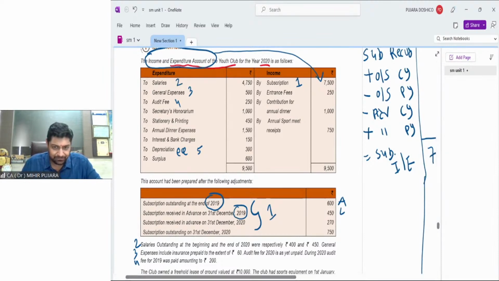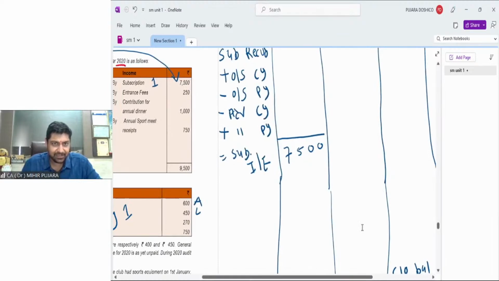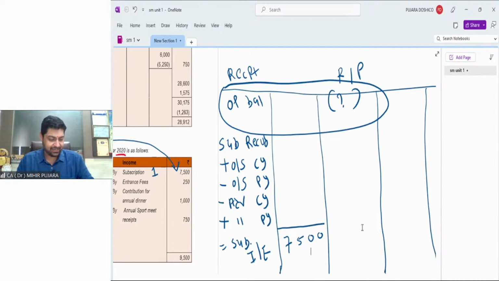Okay, these 4 let's do step by step. First of all, what is the outstanding of current year? That is 750, guys.